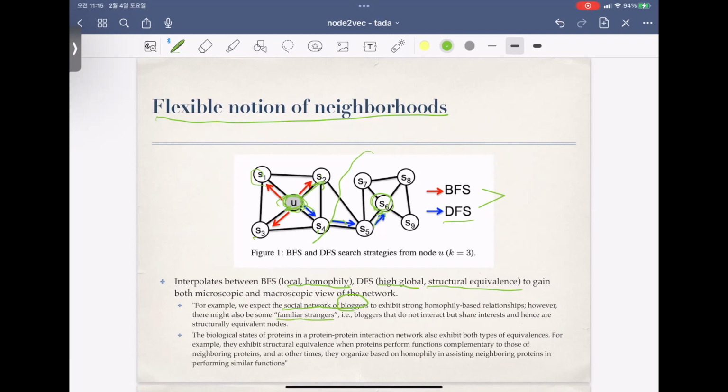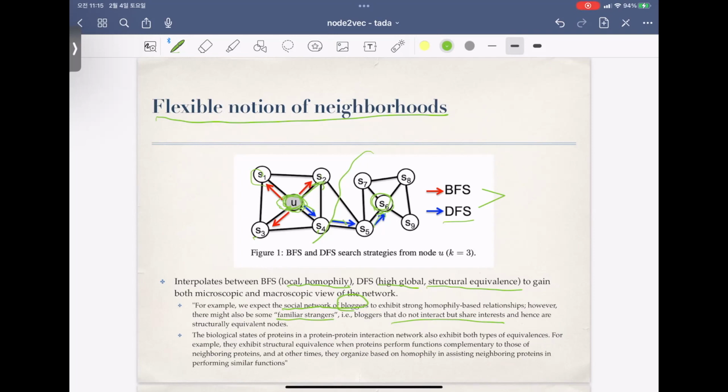One person who does not interact with a group of people, however, that person may promote the same product, talk about the same services, and yeah, they may not interact but share the same interests, thus structurally equivalent, such as U and S6. So these two are commonly used search methods. However, being skewed to one cannot really capture a real life network.